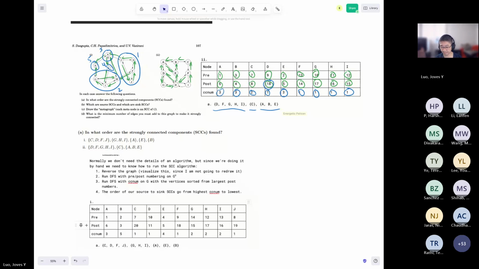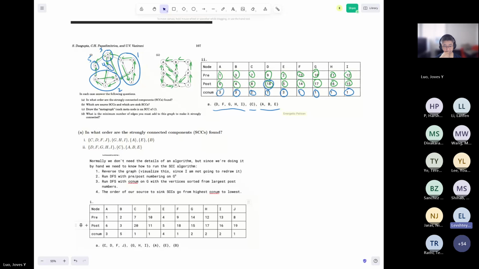I think the question here is maybe two parts. If you run DFS from, say, vertex B, that would basically create a connected component for a large part of the graph that would not be a strongly connected component, right?